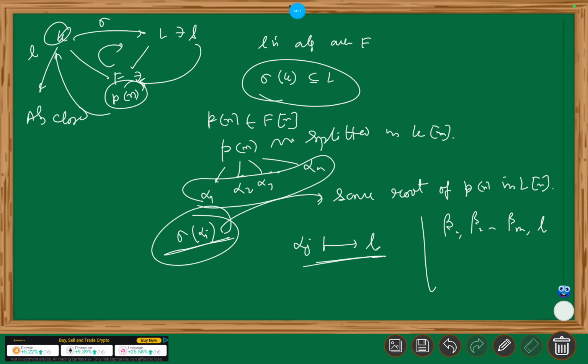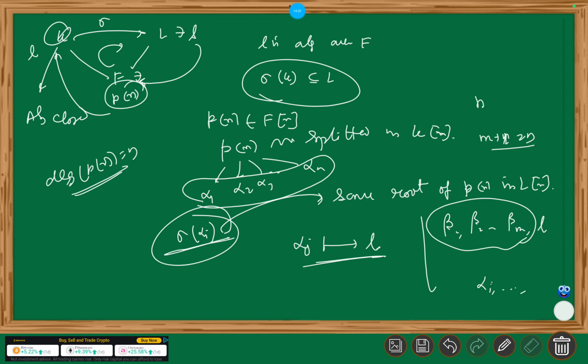Okay, so if we consider that all alpha i's map somewhere here, and of course the degree of P_x, let us say it is n, so m is equal to n minus 1.